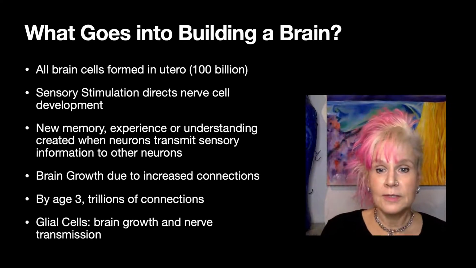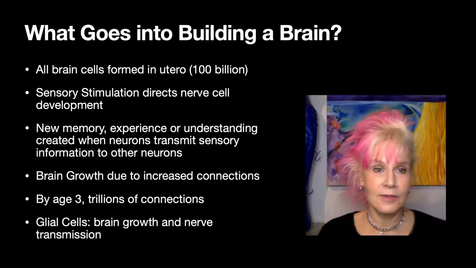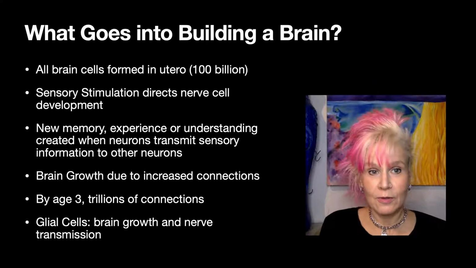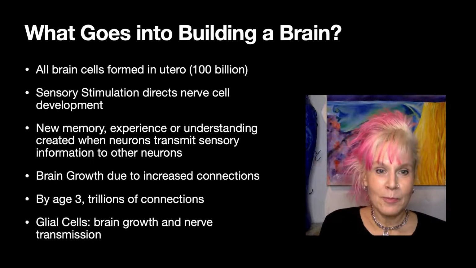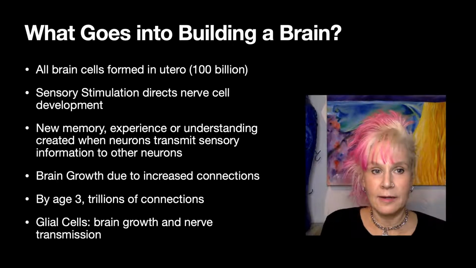All right, what goes into building the brain? Well, pretty much all brain cells are formed in utero, 100 billion. There are some exceptions, I won't go into that, but pretty much all of them are there.